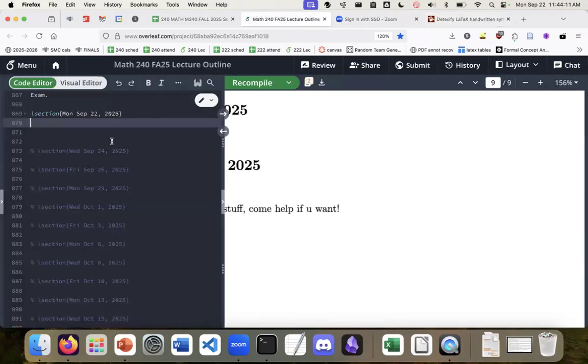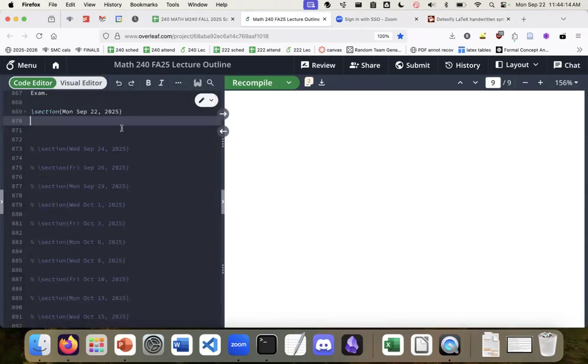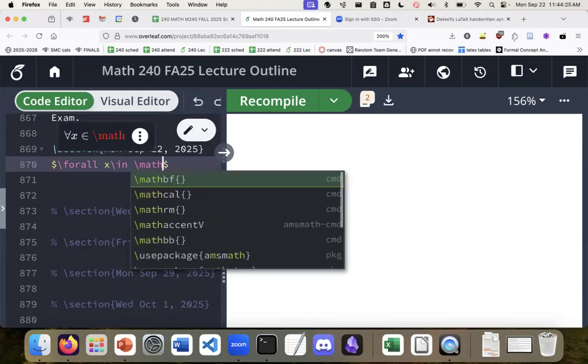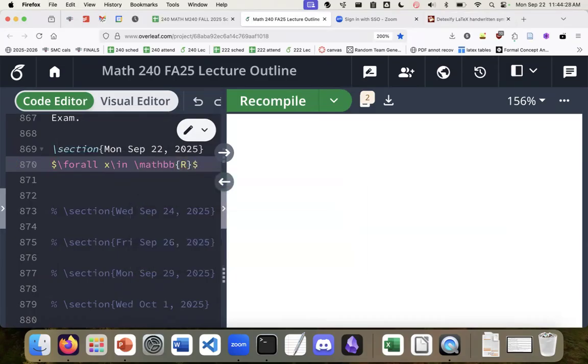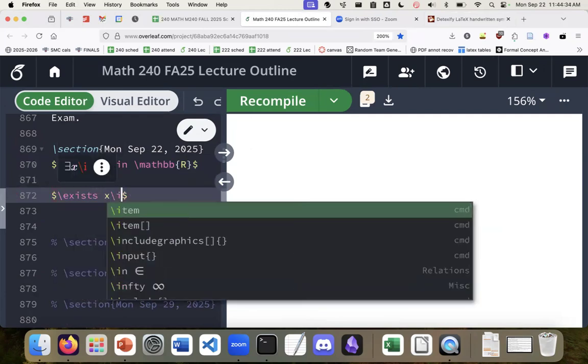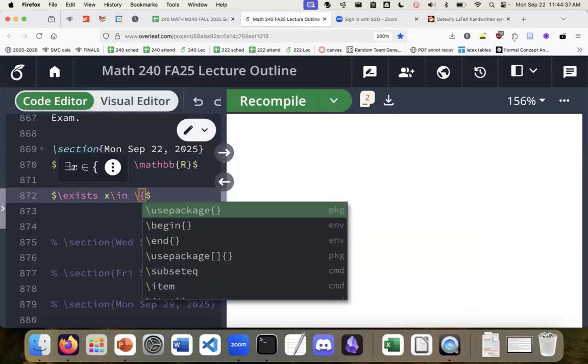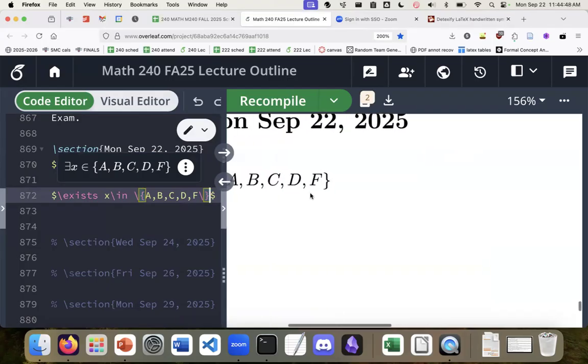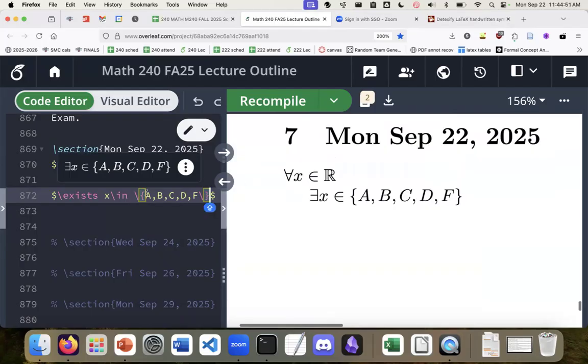So let's try that. And then we can say exists X in the set A, B, C, D, F. And that gives us that.